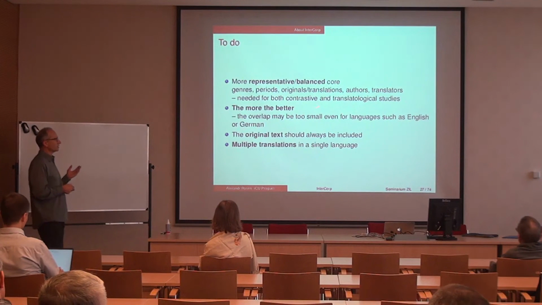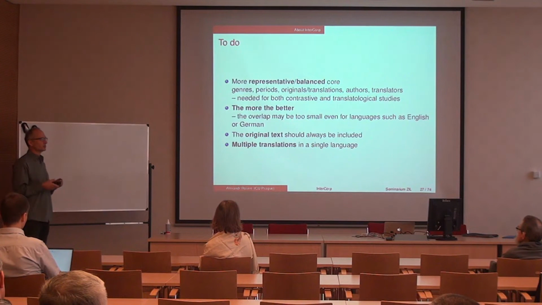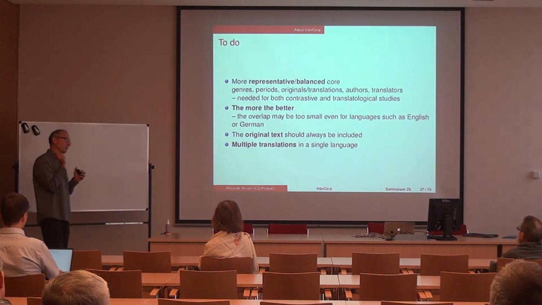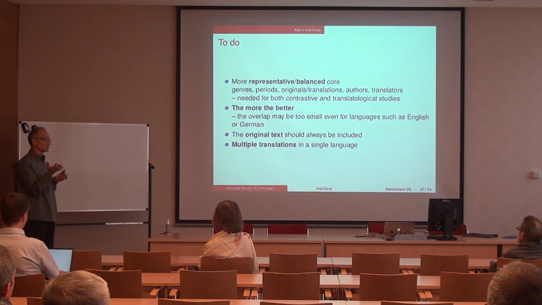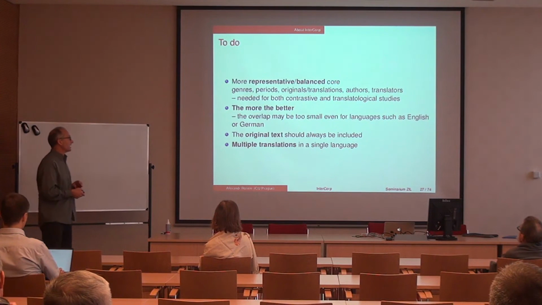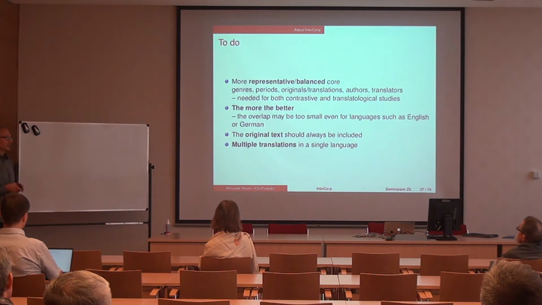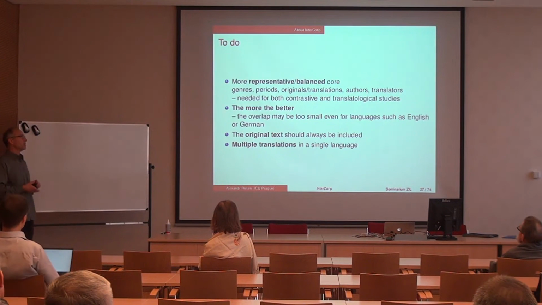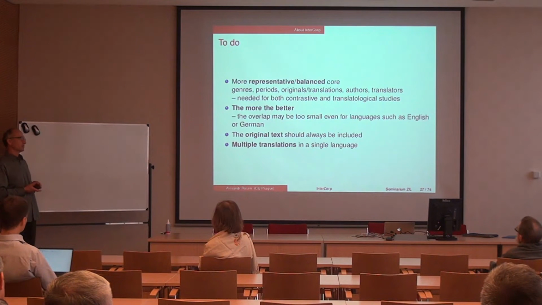And still, there are people who claim that it's too small, even for languages such as English or German, if you look for a specific phenomenon which is quite rare, of course you need more data. And there is something which we can't have at the moment for technical reasons, and it is not nice that we don't have it: multiple translations. We cannot have multiple translations in a single language. That would of course be nice, but it's not possible right now.